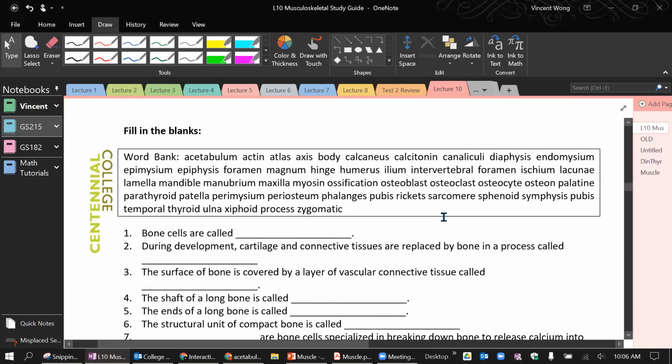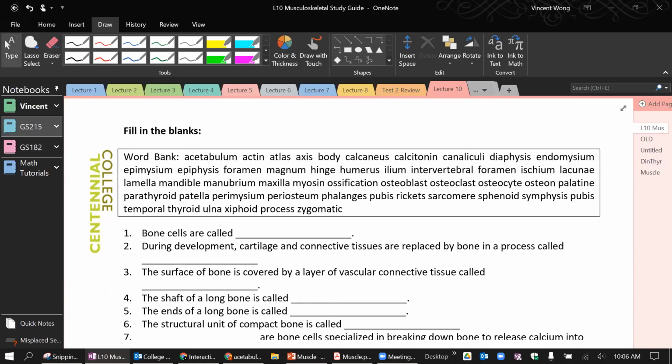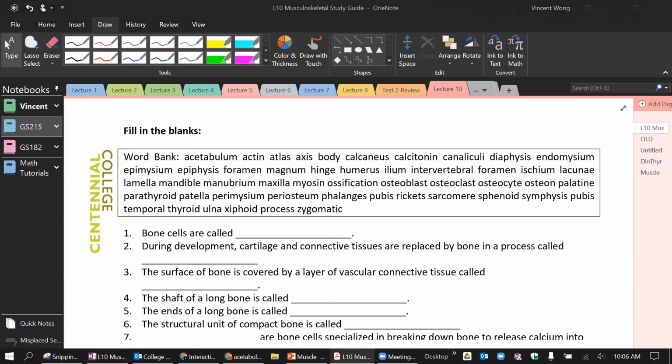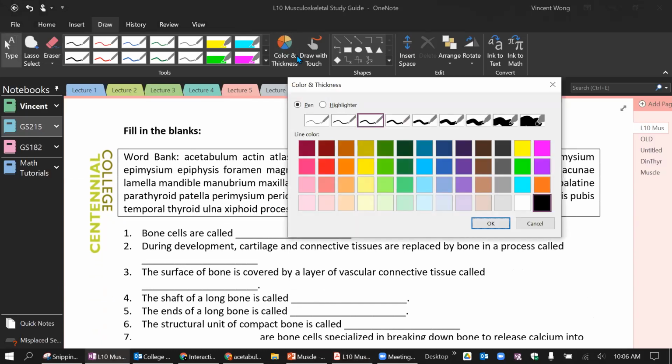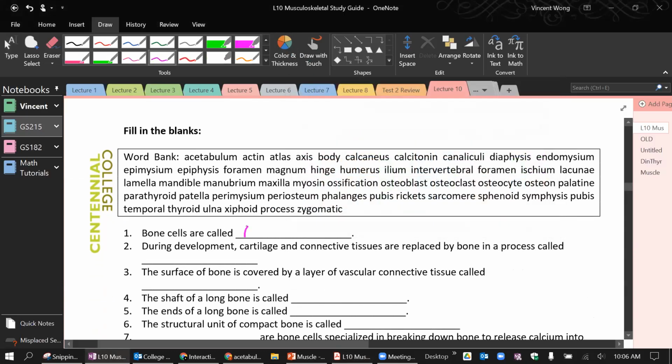Okay, fill in the blanks. Let's do this together. Bone cells are called osteocytes. During development, cartilage and connective tissues are replaced by bone in a process called ossification.